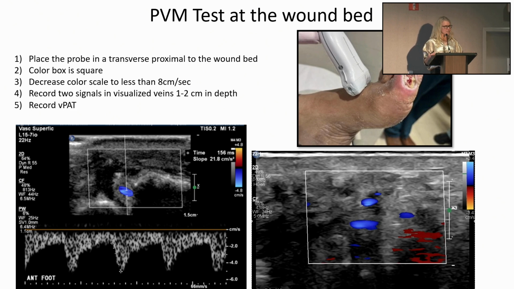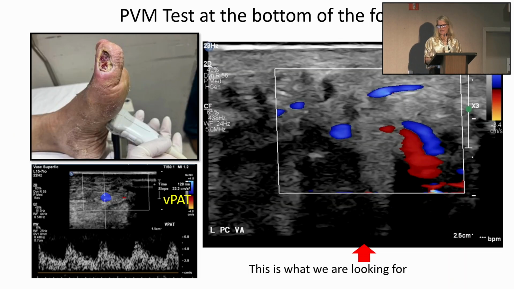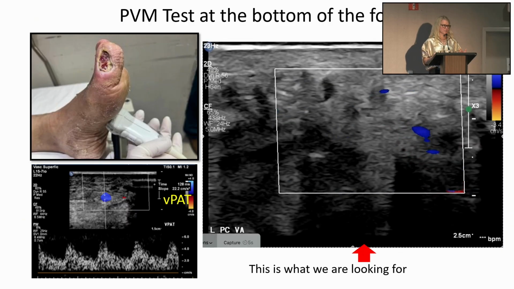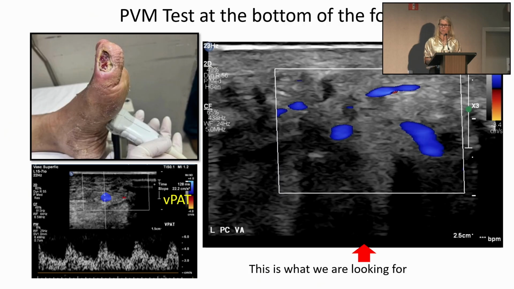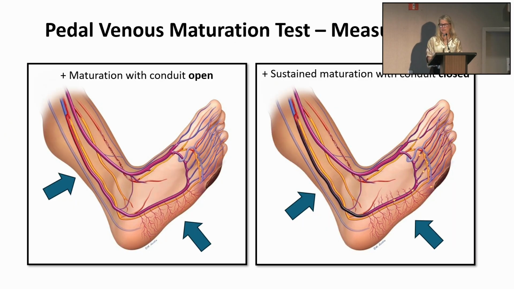And then we can measure that by putting our Doppler and measure the venous pedal acceleration time. We do it at the wound bed and at the bottom of the foot. When we see this maturation, this is such a good sign that the patient will probably do very well. The nice thing about this maturation test is we see maturation with the DVA circuit open.